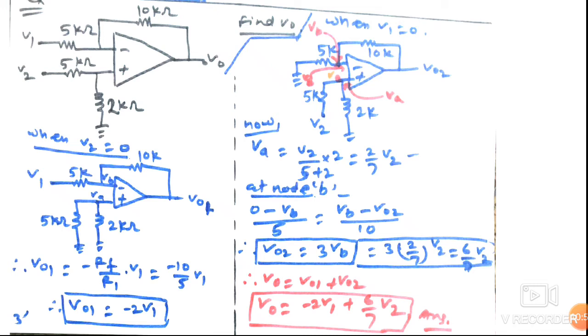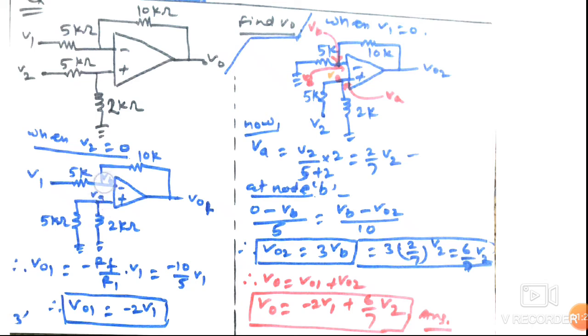So when V2 is equal to 0, that is killing the V2 source, the equivalent circuit becomes like this, with V1 operating only. In this case, this potential is grounded, this terminal is grounded, this terminal is also grounded. Essentially the potential of the non-inverting terminal, that is VA, becomes 0. Now the potential of VB is also 0 because through the virtual ground concept VB is equal to VA is equal to 0.